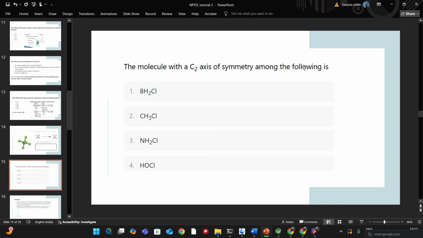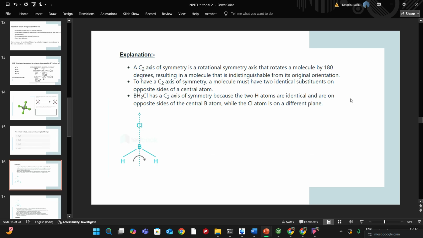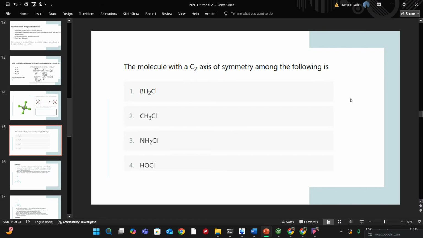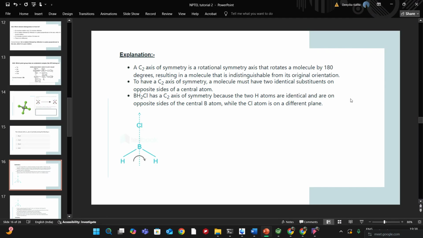So next, the molecule with a C2 axis of symmetry among the following is: option one, BH2Cl; option two, CH3Cl; NH2Cl; and HOCl. If we write the molecule BH2Cl, it will have a planar geometry, and the principal axis C2 will pass through here.